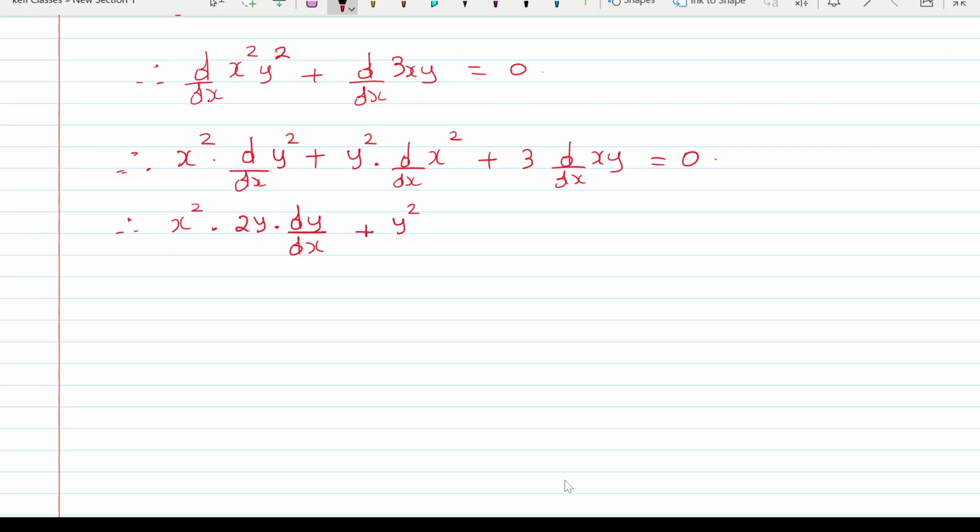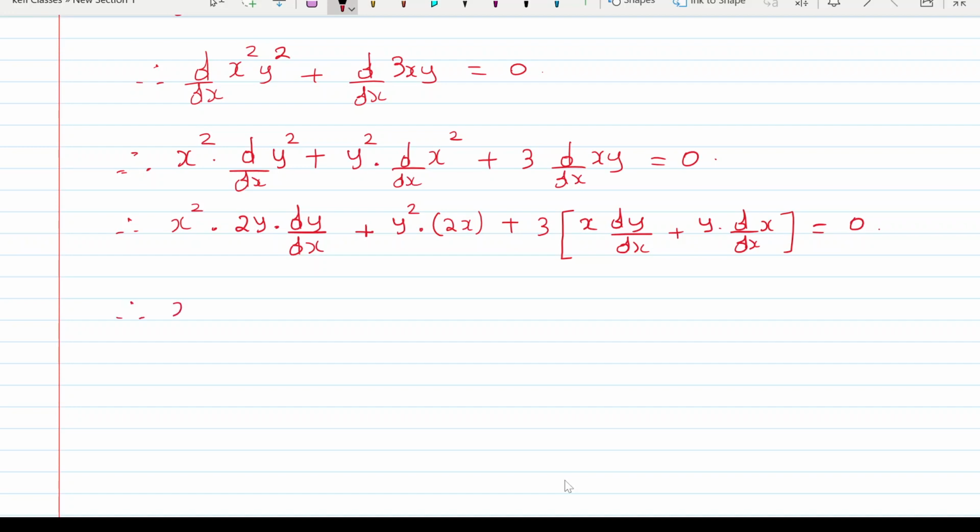So y square into d by dx of x square is 2x, plus 3 and then brackets, because the product rule is there but it is with the whole multiple of xy. So you have to put brackets over it. So 3 into, and use the product rule, x into dy by dx plus y into d by dx of x, which is equal to 0.